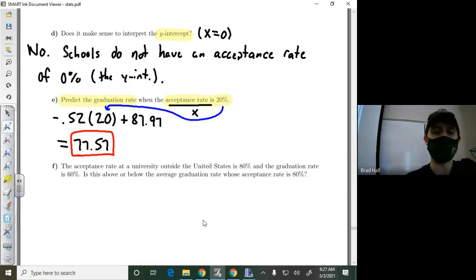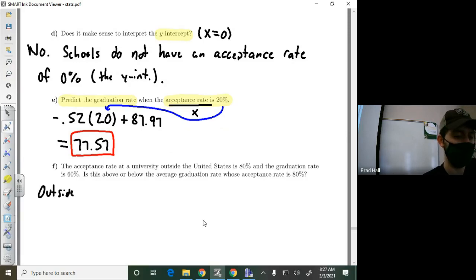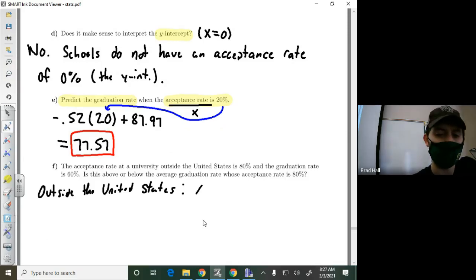So basically what they're telling us, so the rate outside the United States, they're giving us an ordered pair. They're telling us that x is 80, because they say the acceptance rate is 80, and then they tell us that y is 60. So far, there's nothing to plug in.